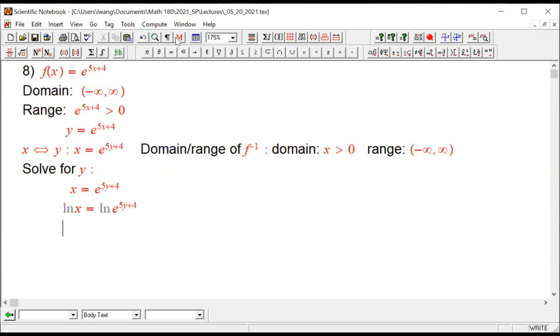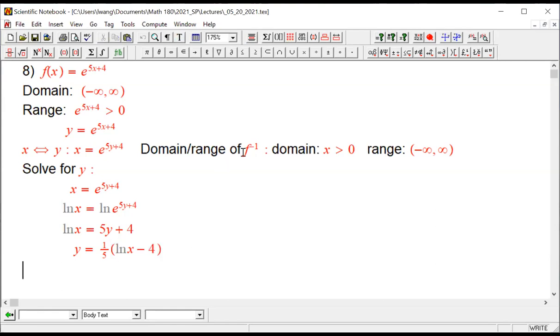The rest is straightforward. We have ln x equals 5y plus 4, and solving for y, y is equal to 1/5 times ln x minus 4. That's the inverse function.